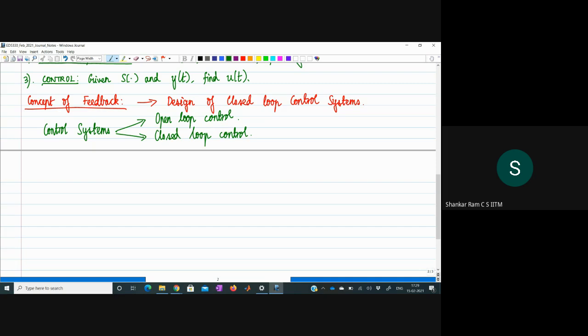But what is the flip side? Suppose there is a voltage fluctuation in our home or in our office, and the electrical input to the fan changes. Then the fan speed is going to vary. It's not going to meet what you and I would have expected from the fan in the first place. Or let us say, even if the electrical supply is very stable, I attach something to the fan.